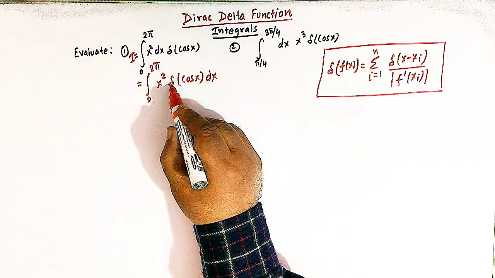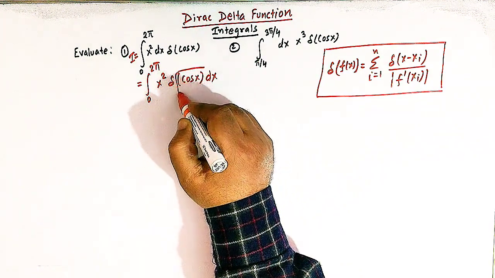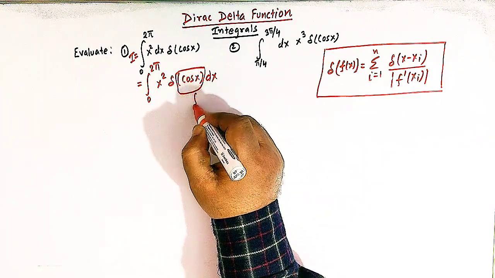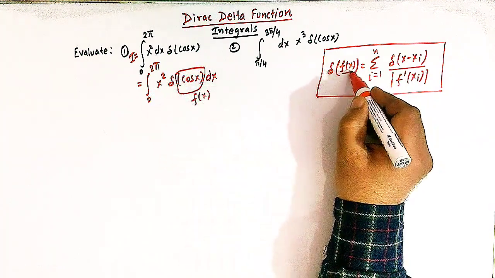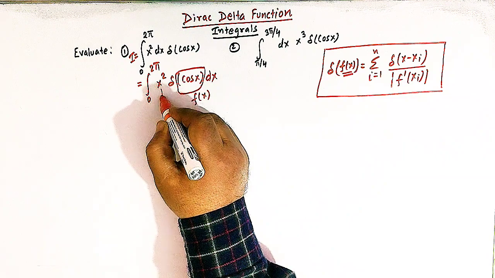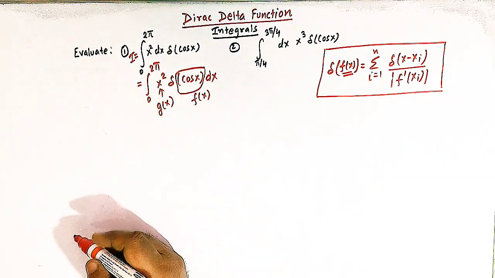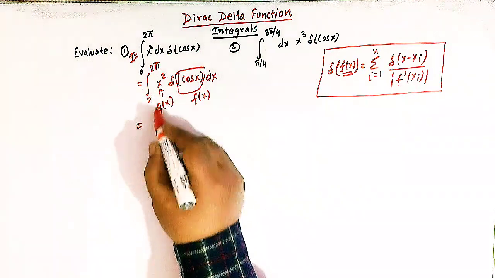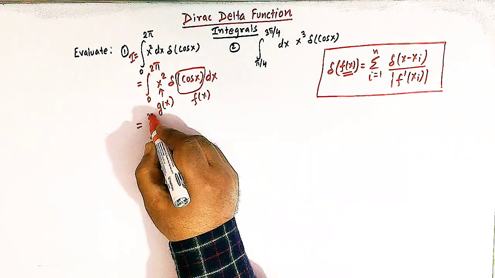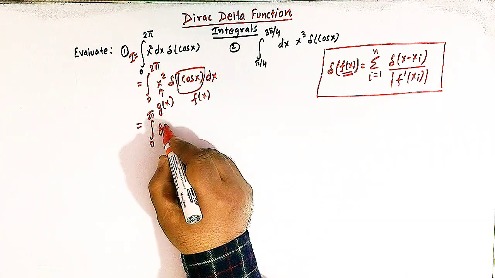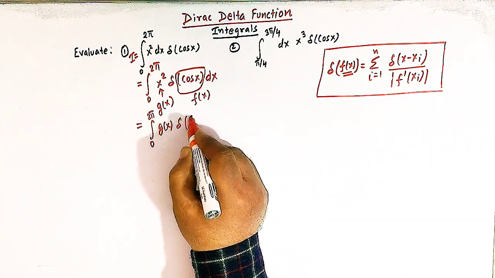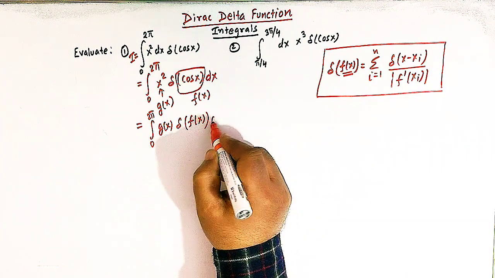Here we have delta of cos x, so this function may be taken as f of x, and this function may be taken as some function, say g of x. So now the situation is 0 to 2 pi, g of x and delta of f of x.